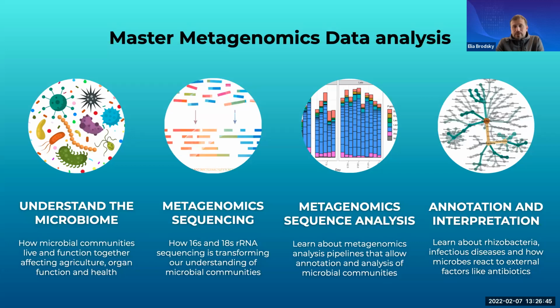Once we have that sequencing data, we need to understand, what can we do with such data? How do we actually go from having raw sequences of individual genomic elements to some kind of an interpretable image, or maybe a statistical comparison that we know what to say about? Here we'll talk about diversity, presence and abundance, and maybe different types of functionality that some of these microorganisms can be associated with.